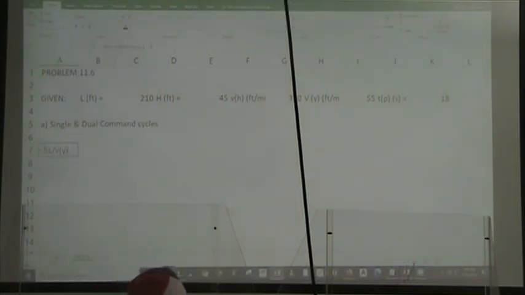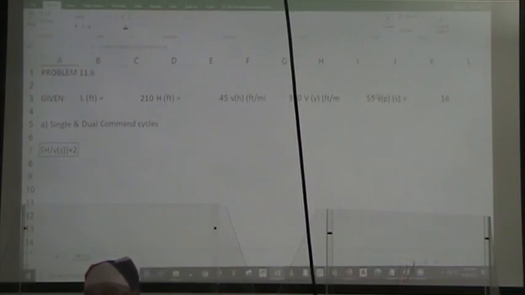Or 0.5 times the height divided by VZ, plus 2 times PD, which is pickup and deposit, all right.